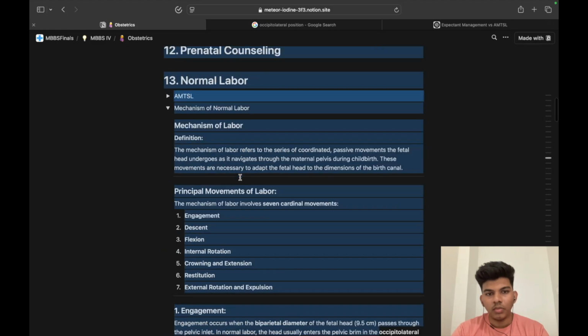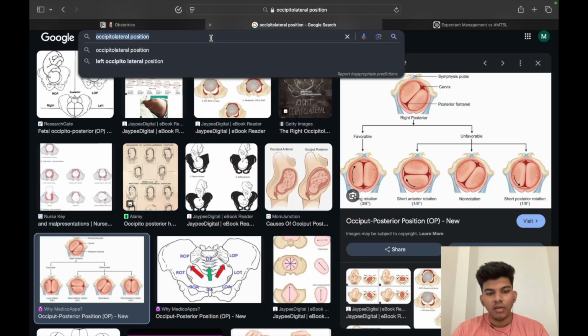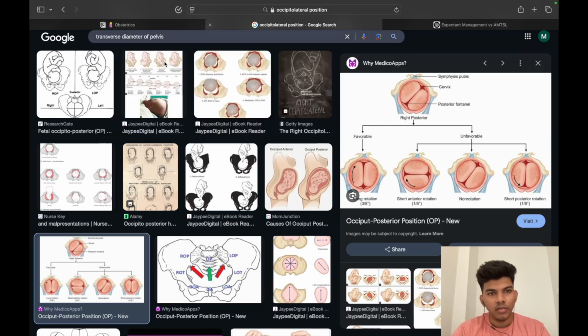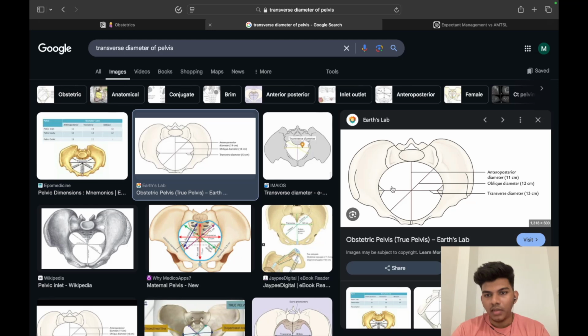Occipitolateral position through the transverse diameter of the pelvis. This is the transverse diameter, and with respect to this it is the occiput which is lateral.